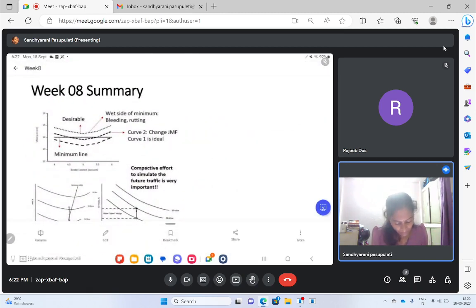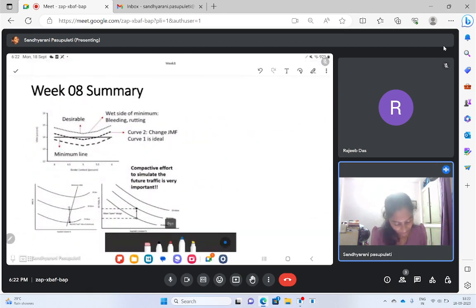If we further discuss voids in mineral aggregates, in the image here, on the y-axis this is VMA, and on the x-axis this is the binder content. The code recommends that we should have a minimum VMA. That means some percentage of VMA should always be present in the asphalt mixtures.